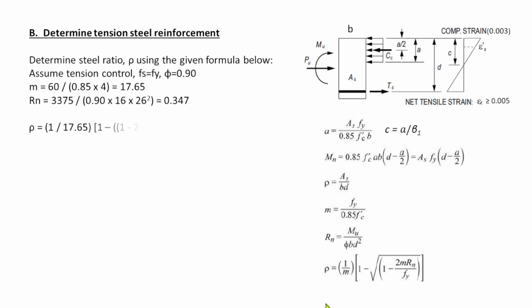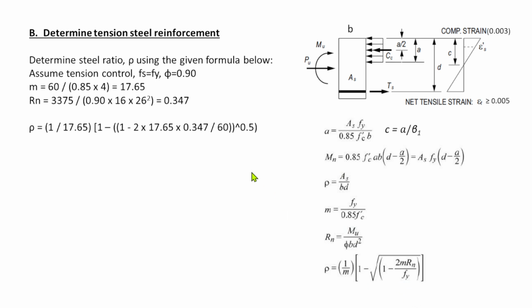So with direct substitution into this equation, we come up with this calculation: 1 divided by m, which is 17.65, times the quantity 1 minus the square root of 1 minus 2 times m, 17.65, times 0.347 Rn, then divided by Fy.